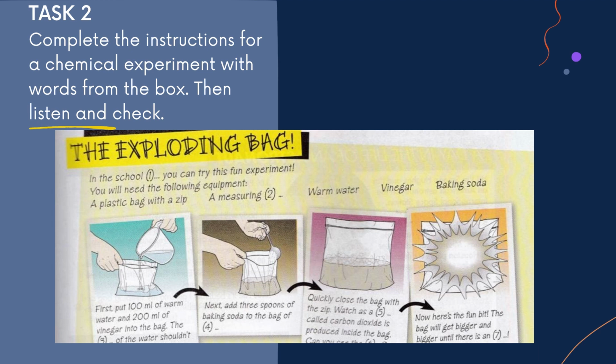The temperature of the water shouldn't be higher than 60 degrees Celsius. Next, add 3 spoons of baking soda to the bag of liquid. Quickly close the bag with the zip. Watch as a gas called carbon dioxide is produced inside the bag. Can you see the bubbles? Now, here's the fun bit. The bag will get bigger and bigger until there is an explosion.